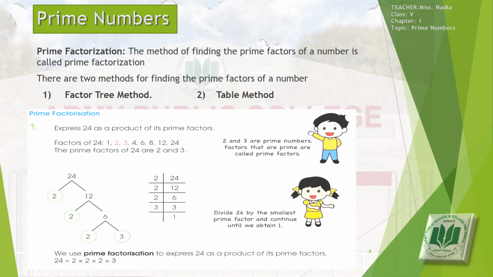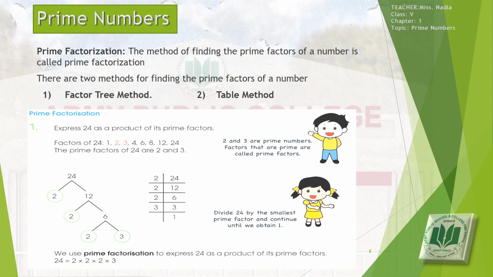Again 12 is divisible by 2. 2 multiplied by 6 is 12. Write 6 down below 12. 6 is again divided by 2. 2 multiplied by 3 is 6. Now 3 multiplied by 1 is 3. Now the factors of 24 are 2, 2, 2 and 3.